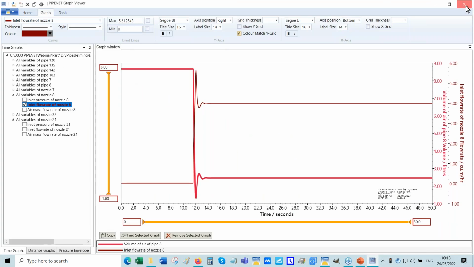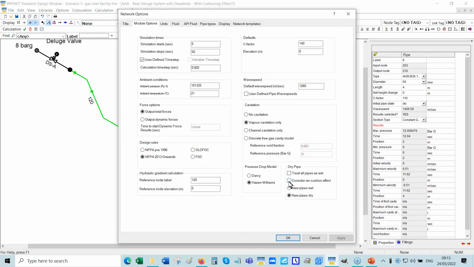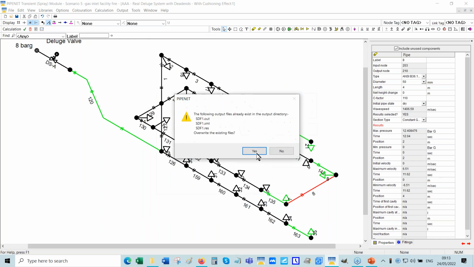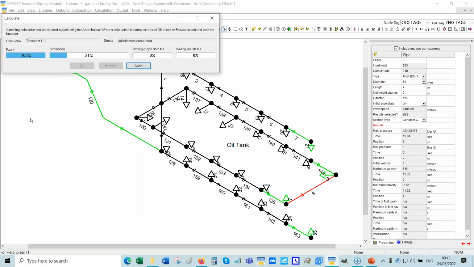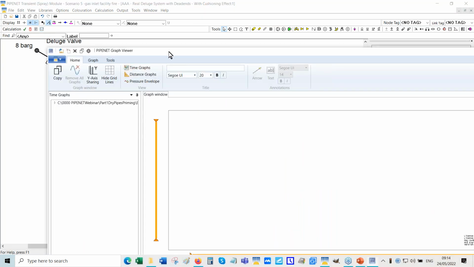Now the question is, you're curious to know what will happen if I did not consider the cushioning effect. Essentially, PIPENET will do the best it can. It will simply say that this pipe here is going to be full of air or whatever is the case may be, but you won't see this cushioning effect.